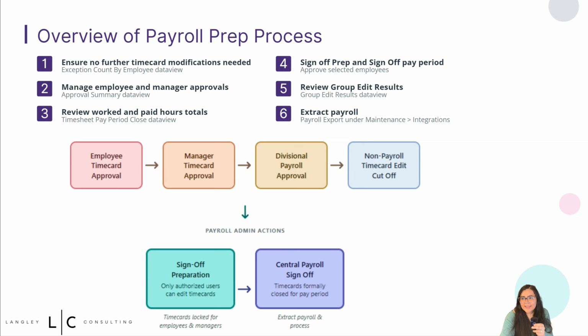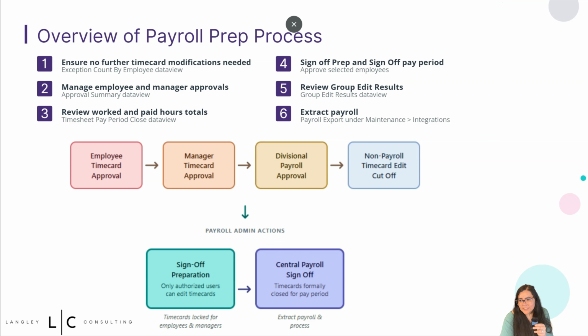Now look at that flow at the bottom. Here's the approval chain. Employee, a typical approval chain, right? It could vary from organization to organization, but mostly it looks something like this. Employee approves their time card, then the manager, then divisional payroll, then there's a non-payroll edit cutoff.